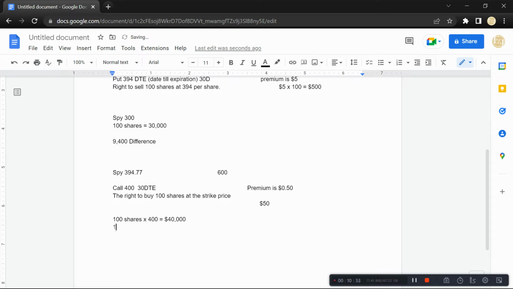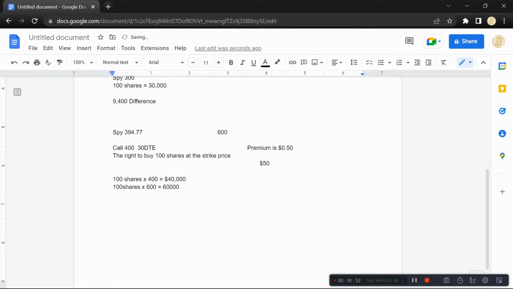Now, 100 shares at $600 is going to equal $60,000, right? But because I bought this call at $400, I bought all these shares at $40,000, and I can sell them for a 20 grand profit.